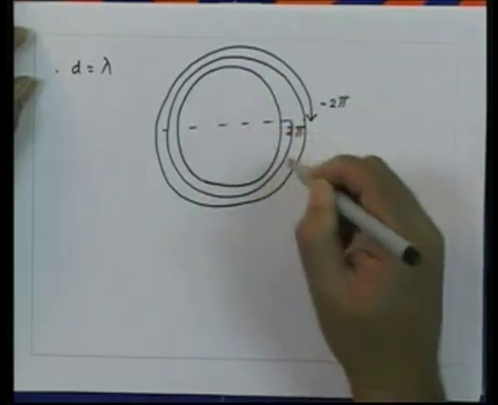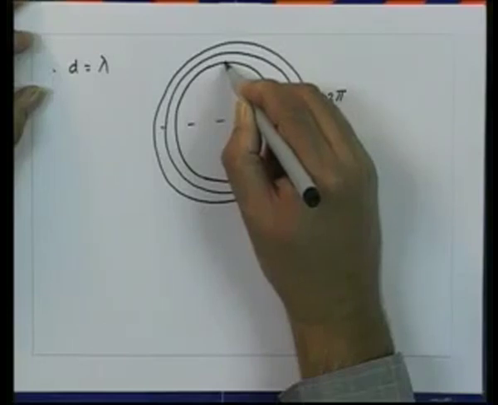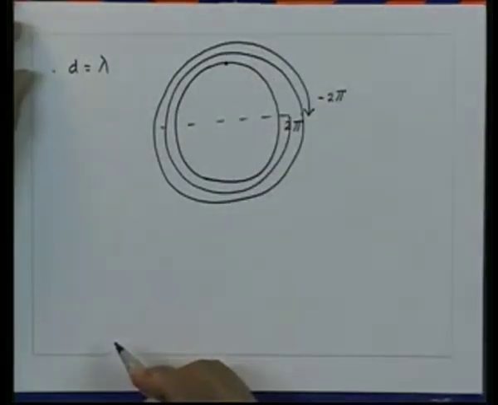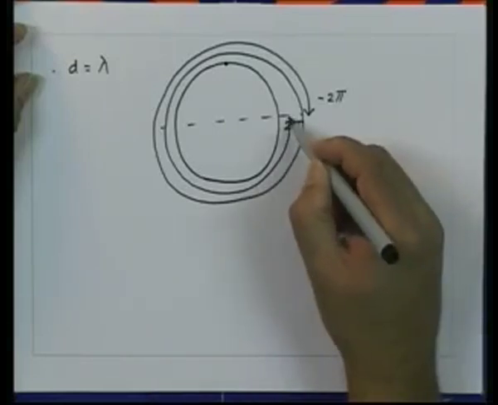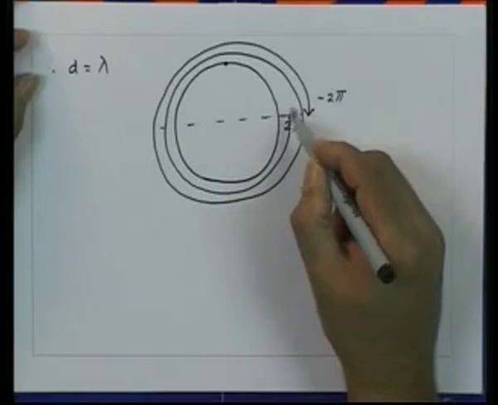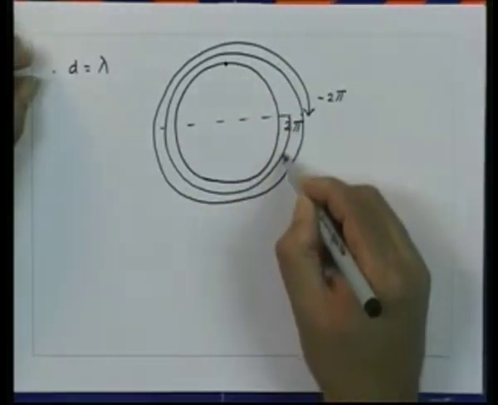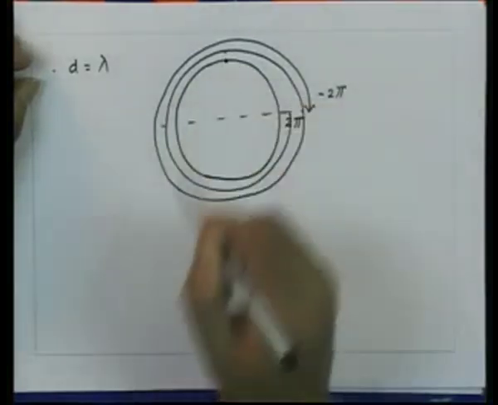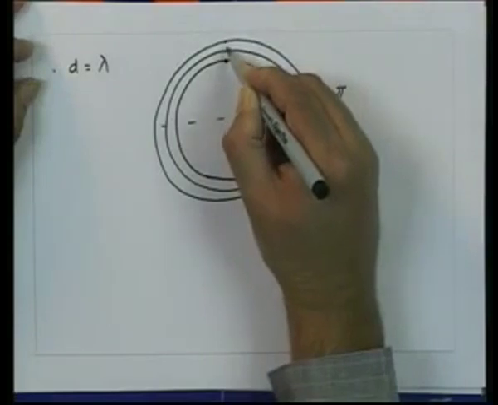Let us say I take the location of the null to be this. Now this corresponds to a value of phi, which would correspond to this value of psi, but it would also correspond to this value of psi, which is here.